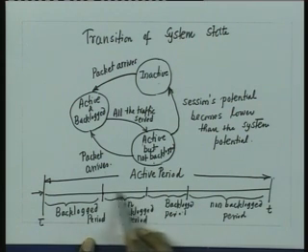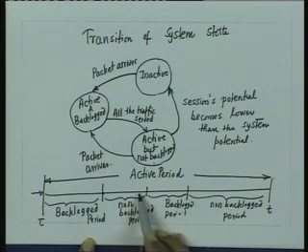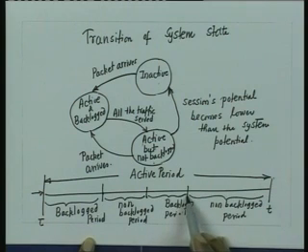Now during this period, the session's potential is still higher than the system potential, and at this point some traffic might arrive, and therefore the session moves into the backlogged period.